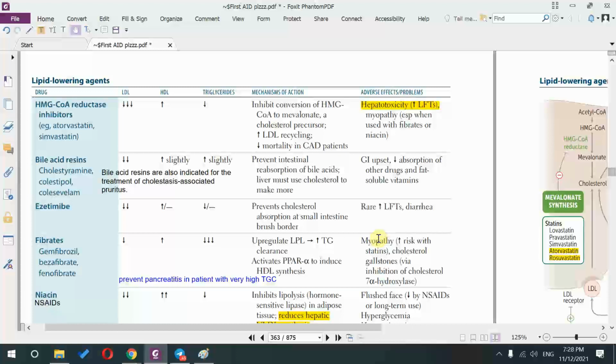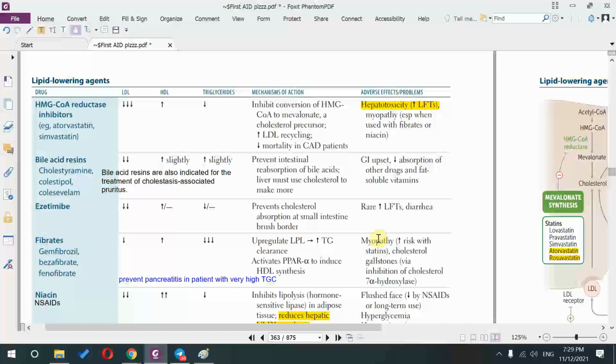Okay, so the next, we have a drug called fibrate. So fibrate has the following. It has all of these drugs with the word fibro or fibra in the name. What is LFTs? Liver function tests. Okay, so fibrates, we have LDL will be reduced in them, HDL is slightly increased.